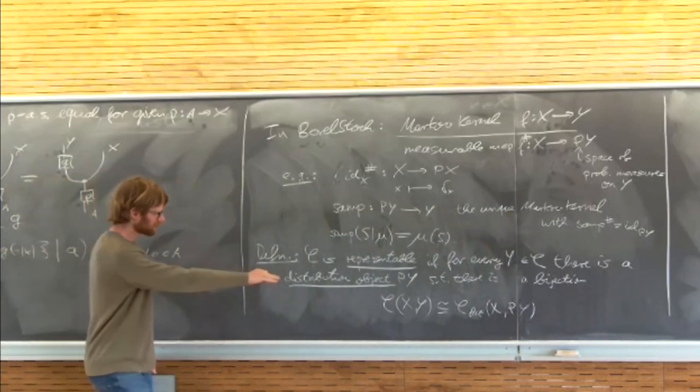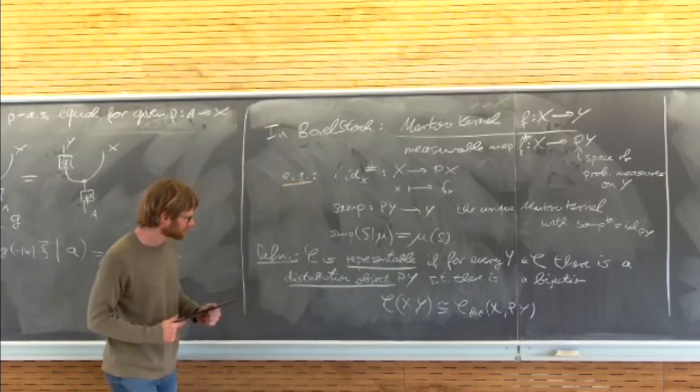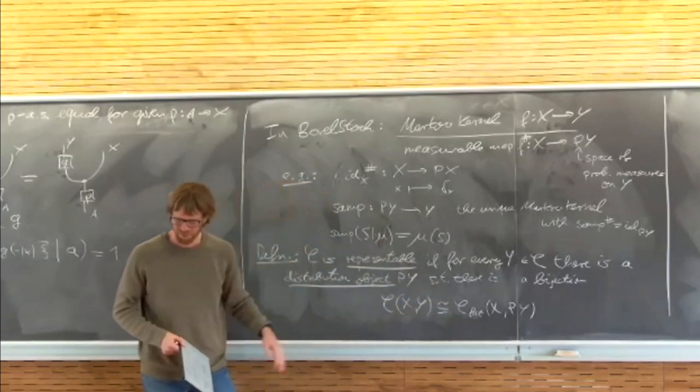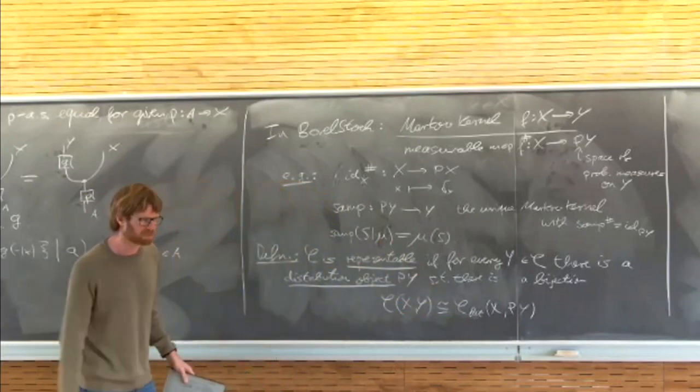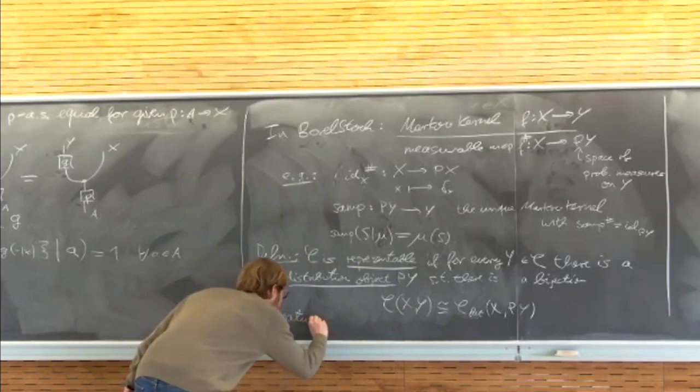And of course, as is the case in category theory generally, these should be suitably compatible as we vary x, in the sense of a natural transformation. So natural in x.